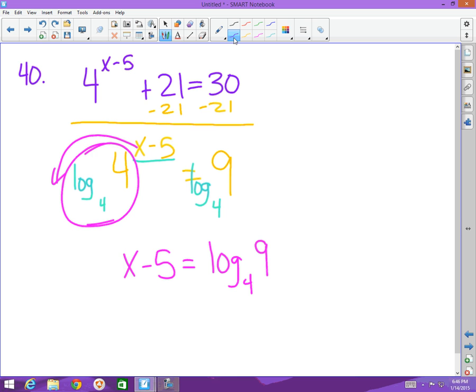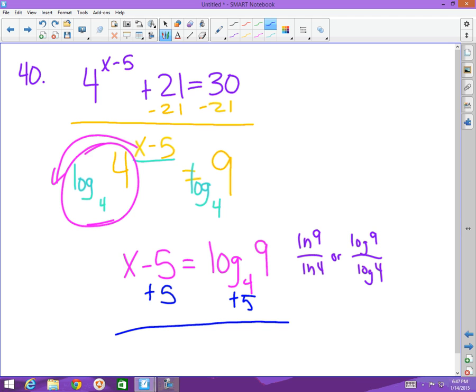And log base 4 of 9, remember to figure that out, you do ln of 9 over ln of 4, or log 9 over log 4. And then you're going to end up using your ANS button again. And finally, the last thing you have to do is add 5.